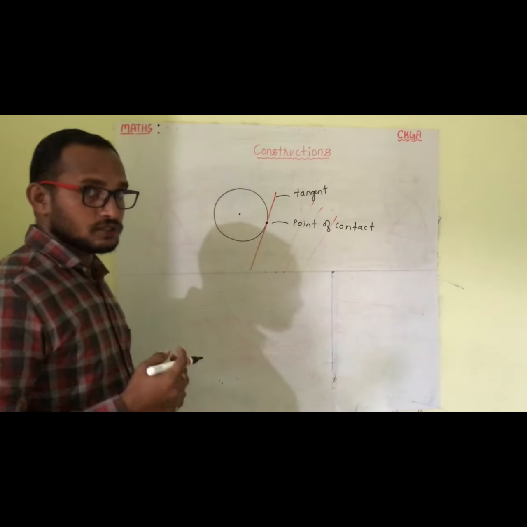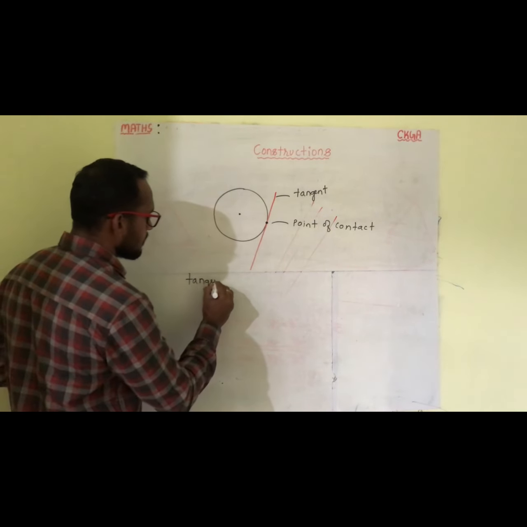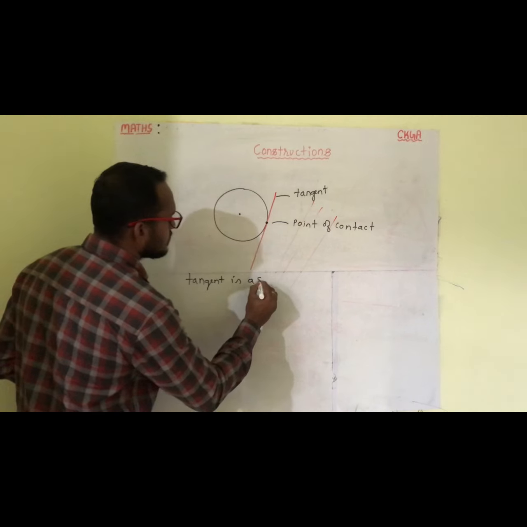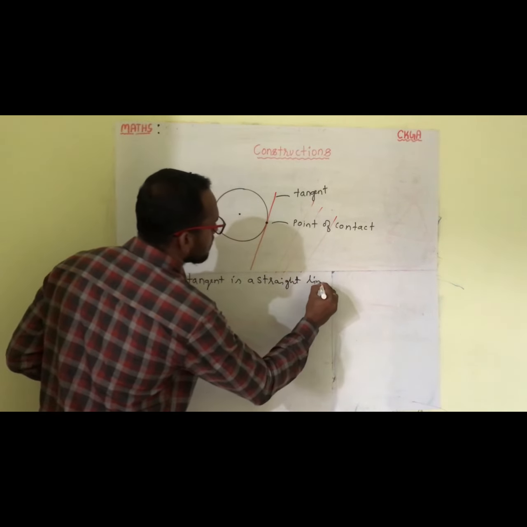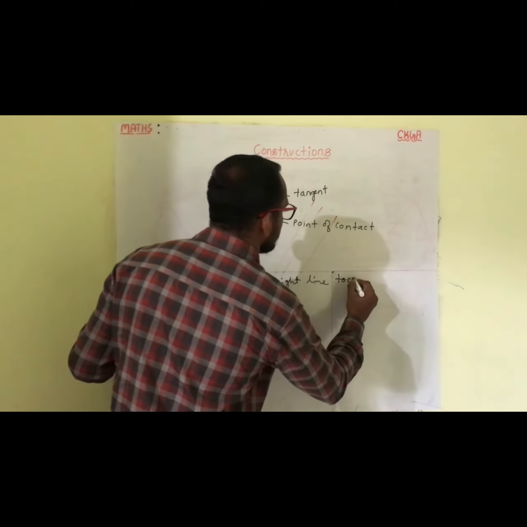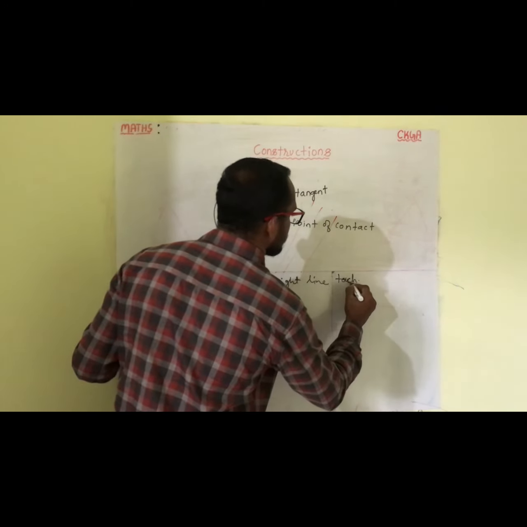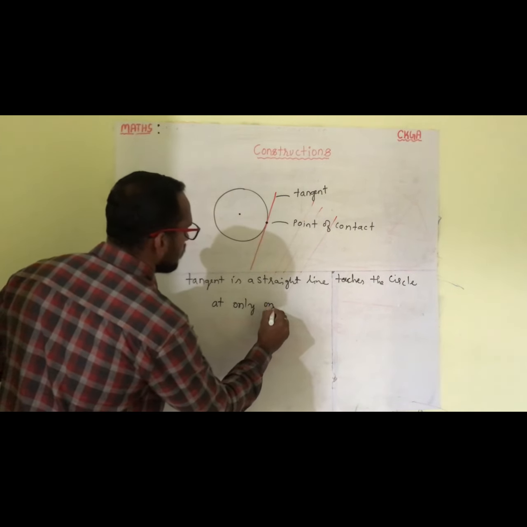So you need to take these two ideas now. A tangent is a straight line that touches the circle at only one point.